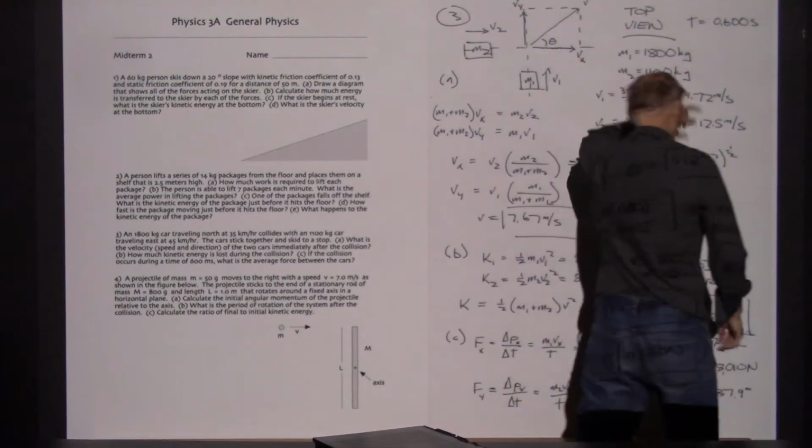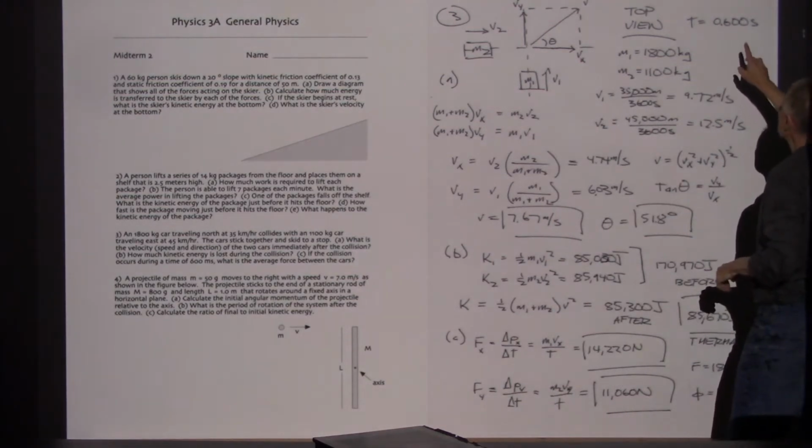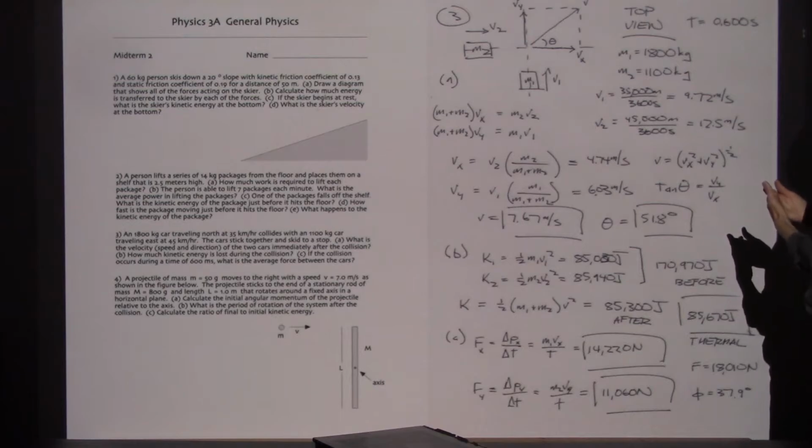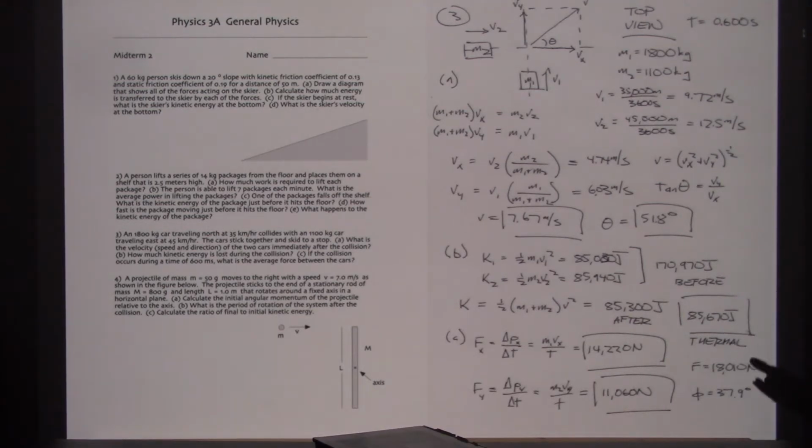And it says the collision is just a fraction of a second. It's just 0.600 seconds during which the cars crumple. There's a short time interval between when the cars first make contact until they now can be treated as one object.